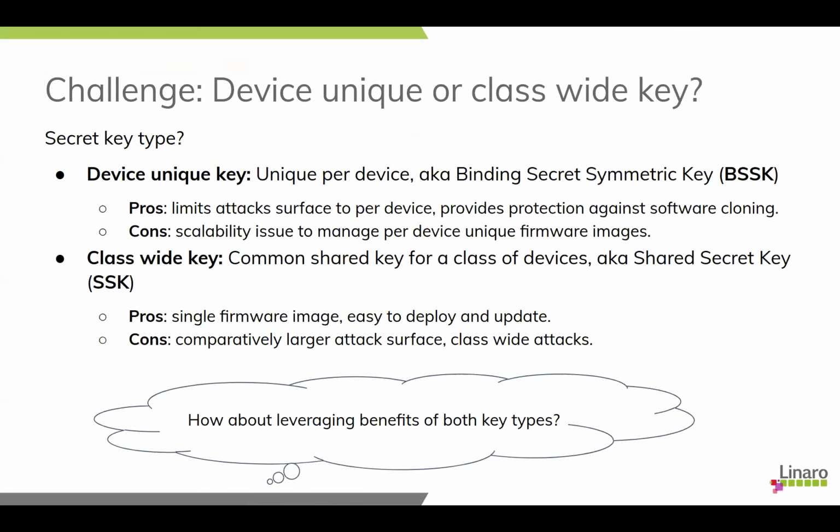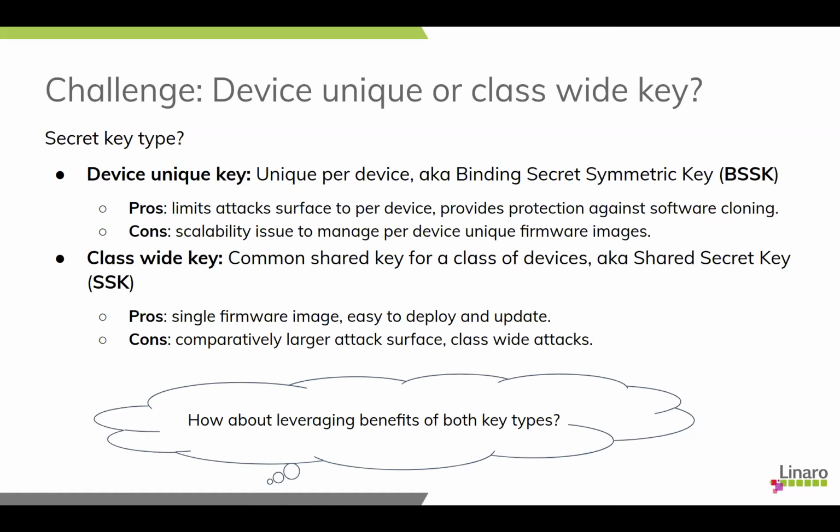The major positive is that it limits the attack surface to a particular device and thereby provides protection against software cloning as well. And the negative being the scalability issue, as it becomes increasingly difficult to manage per device unique firmware images.